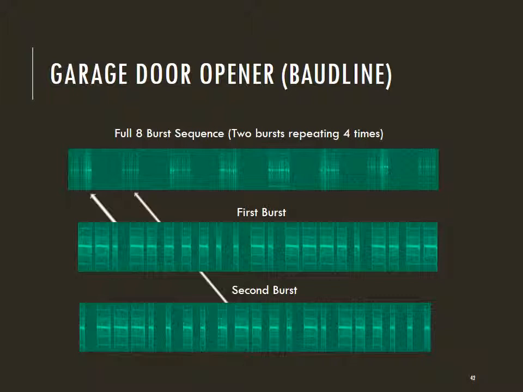And then you can see the zoomed view of the first and second burst. The lines on either side of the bright green we assume are harmonics or distortions produced by overloading the receiving antenna by having the transmitting garage door opener so close to our HackRF.